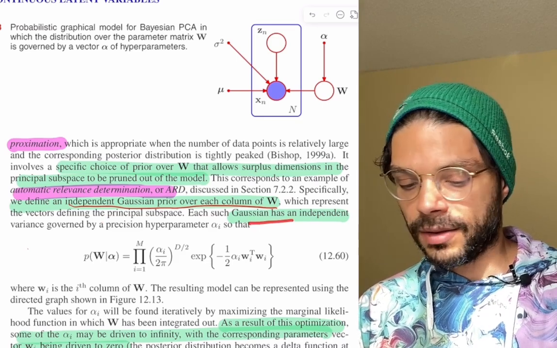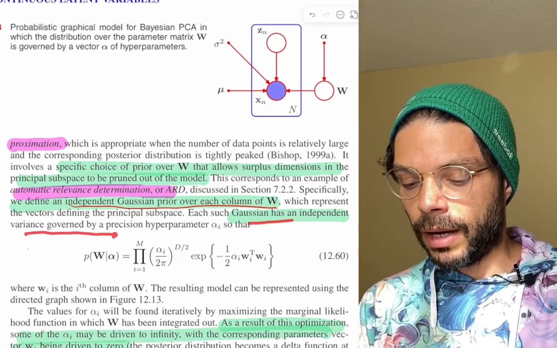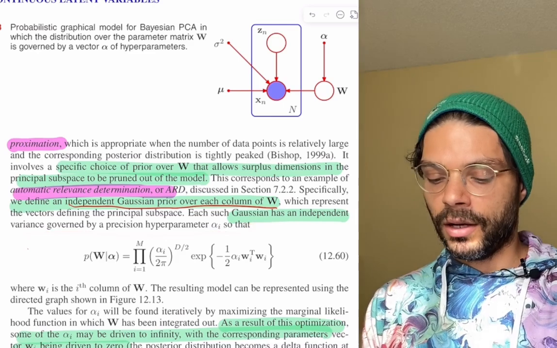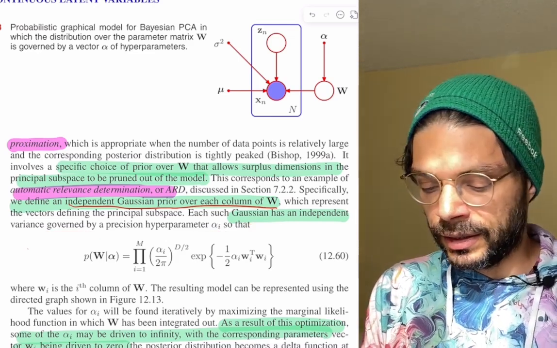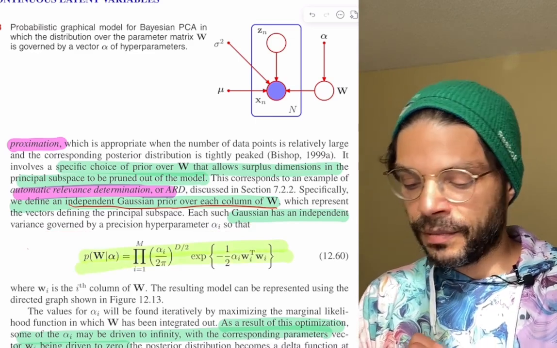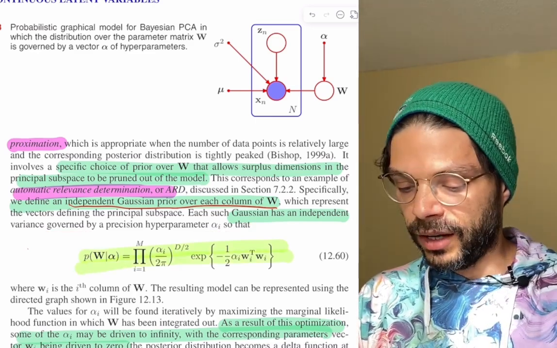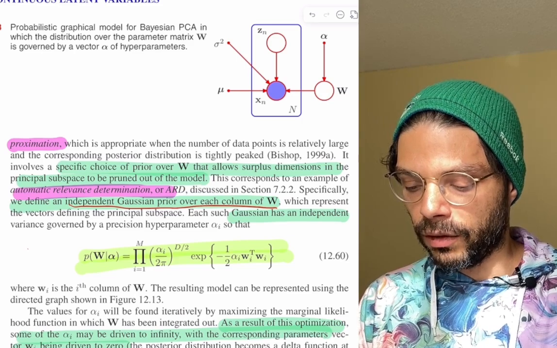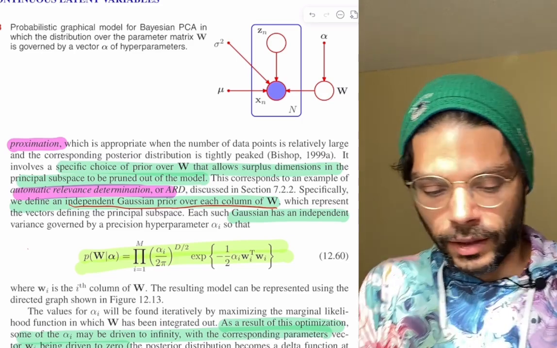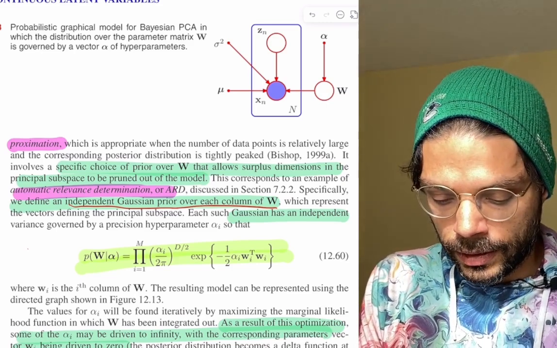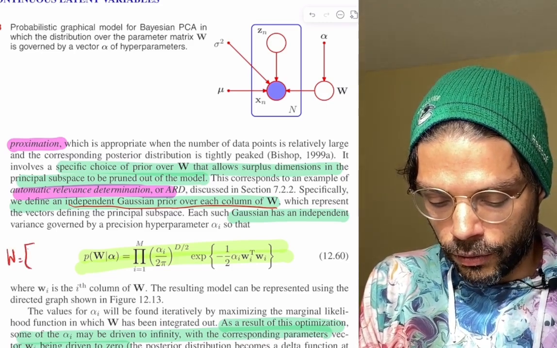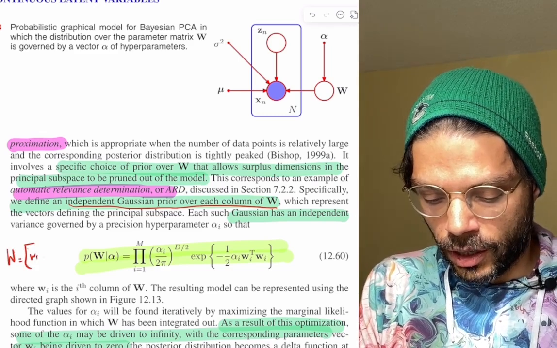Each such Gaussian has an independent variance governed by a precision parameter alpha_i. Let's highlight this, because this is the key idea here. Essentially, W is going to equal W1, W2, Wi, etc., and these are columns.